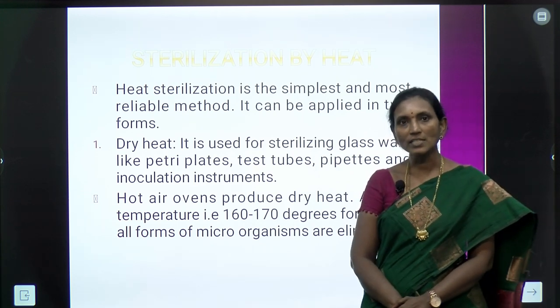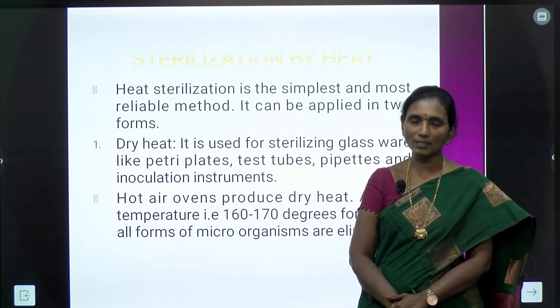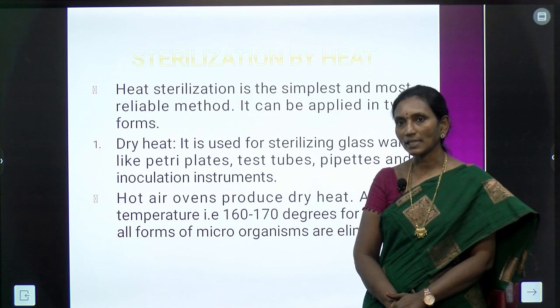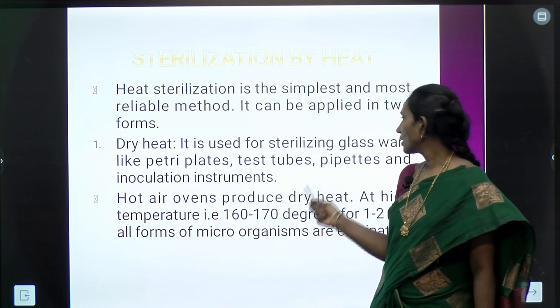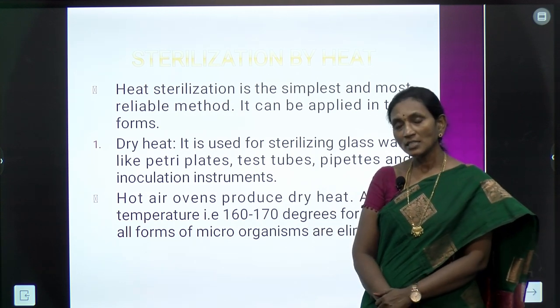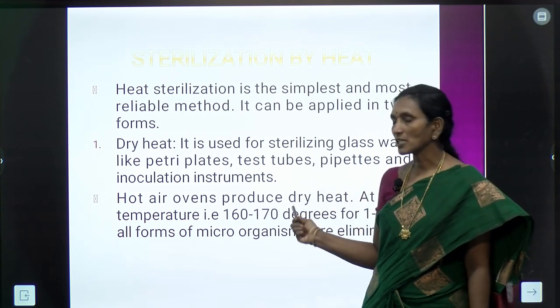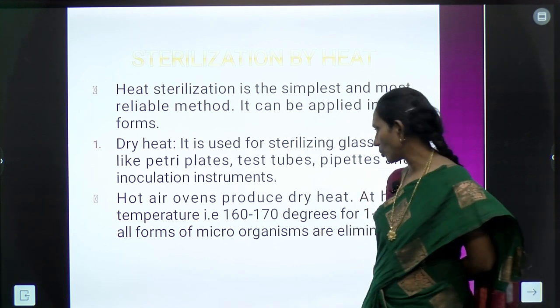Generally, this dry heat sterilization is used for sterilizing the glassware or glass instruments like petri plates or test tubes, pipettes and other inoculation instruments. This dry heat is provided in an instrument called hot air oven.